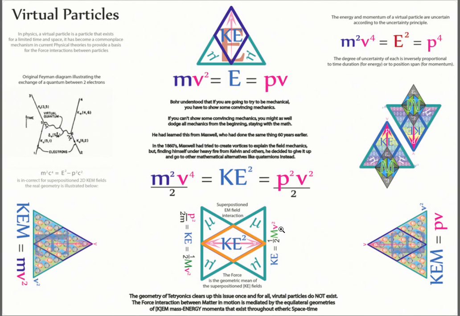We of course show that in the case of force there are no virtual particles within Tetryonics or within physics, full stop. All the actions of force and interaction of force fields is completely done through the superposition of the energy momenta in discrete chem fields or electrostatic fields, where the fields superposition in the longitudinal direction, but over their E fields they create a squared E field or a coulombic force between charges.